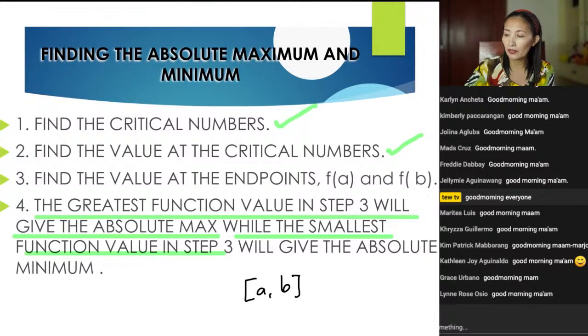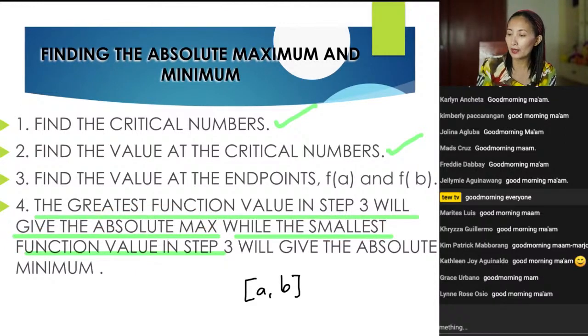Number 1, find first the critical numbers, then the critical value, then the value of the function at the endpoints A and B, and then identify which one is the absolute max and which one is the absolute minimum. The greatest function value is the absolute max, while the smallest function value will be the absolute minimum.